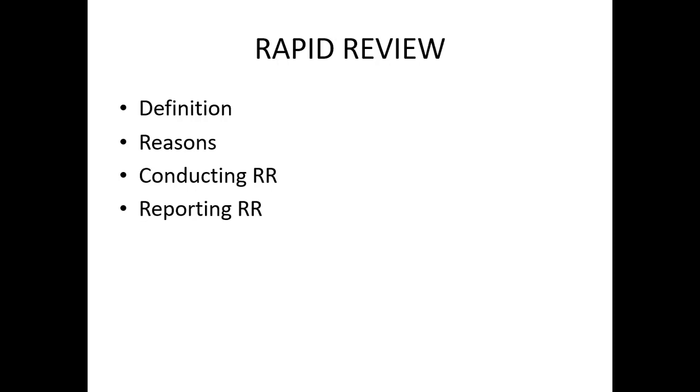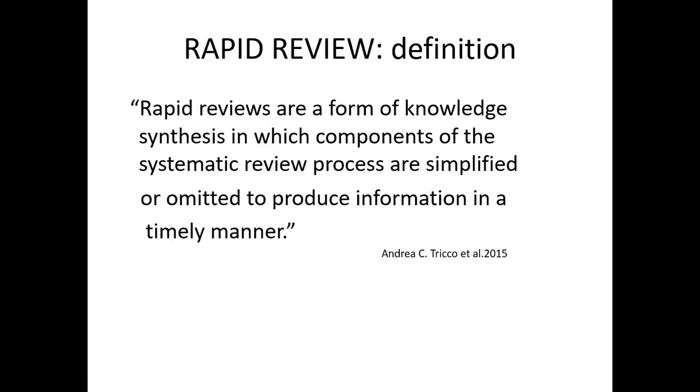There's another review that is called rapid review. Let's go through the definition, the reason of doing it, how to conduct it, and the reporting. Next. Rapid review, a form of knowledge synthesis in which the components of the systematic review process are simplified or omitted to produce information in a timely manner.